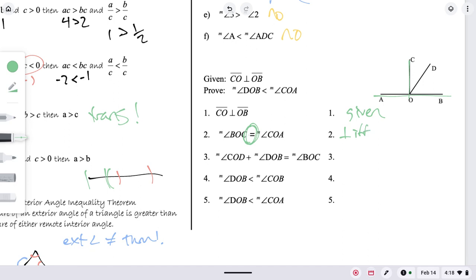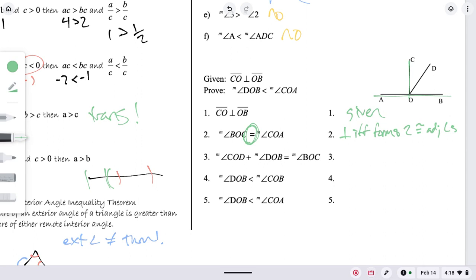Perpendicular, if and only if it forms two congruent adjacent angles. Right, so that was the theorem from like chapter 2 or something a long time ago. You should still know that. You can still use that. The rest of these things, though, should be a little bit more apparent. Maybe a little easier.